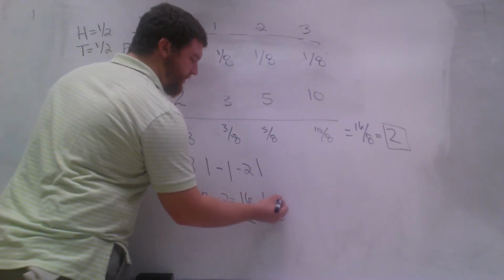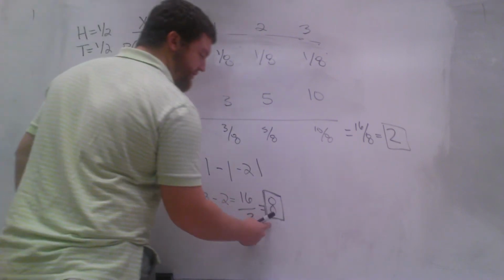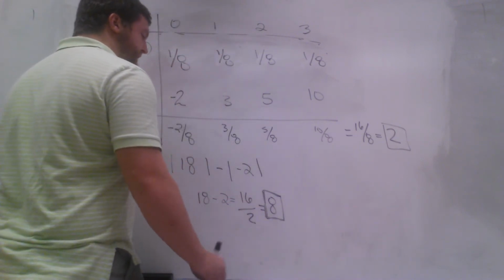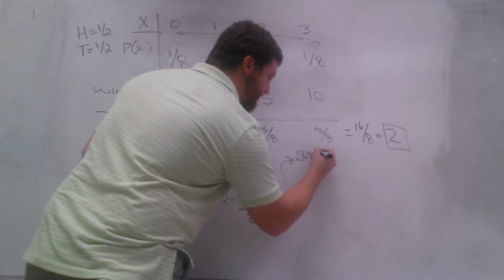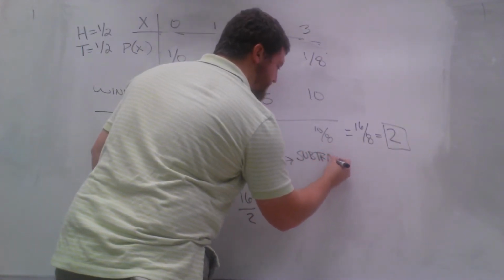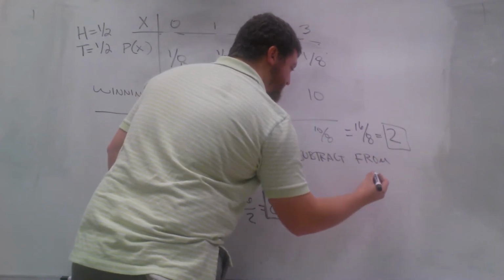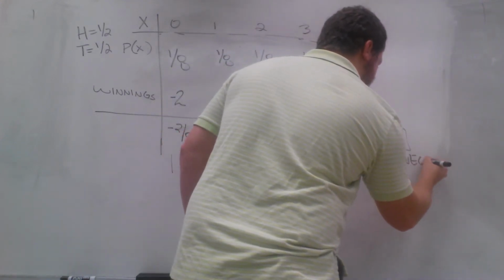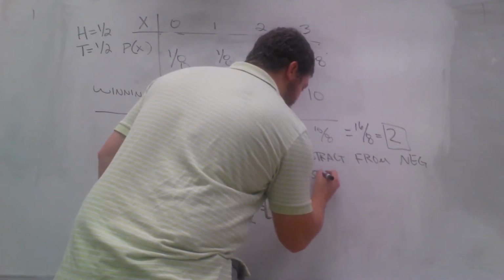So this number right here is your magic number. You need to take this number, 8, and subtract it from the negatives and subtract it from the positives.